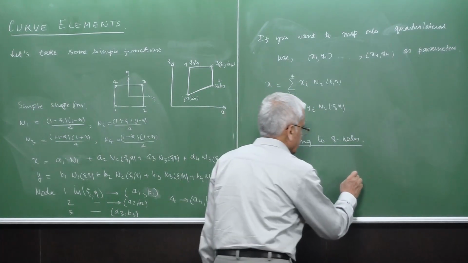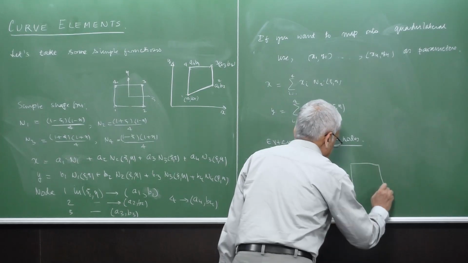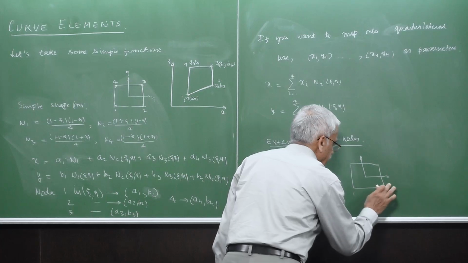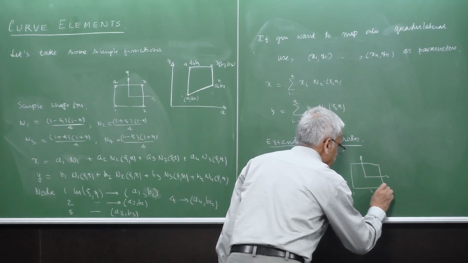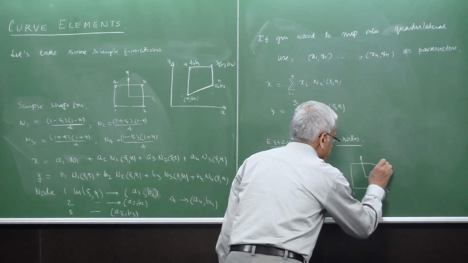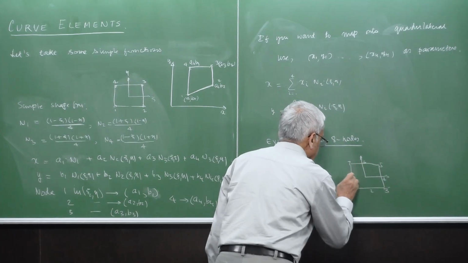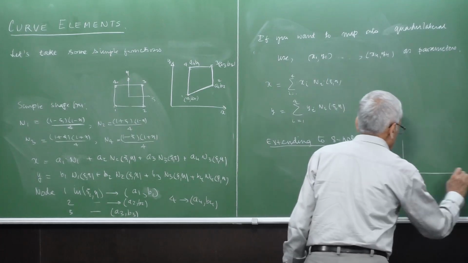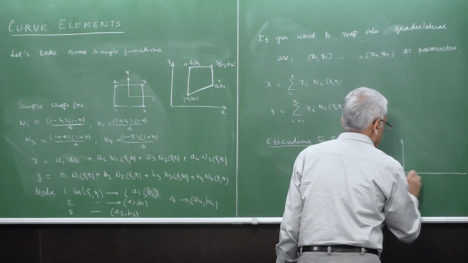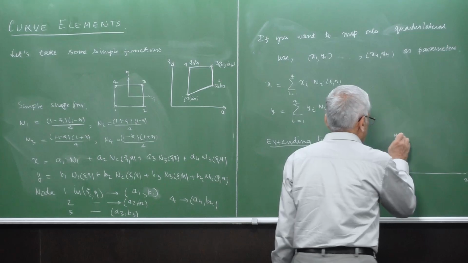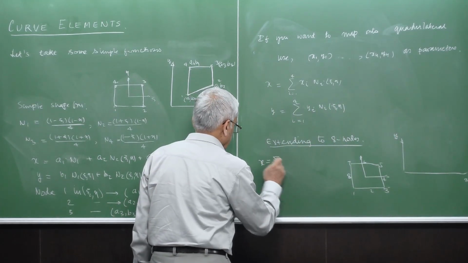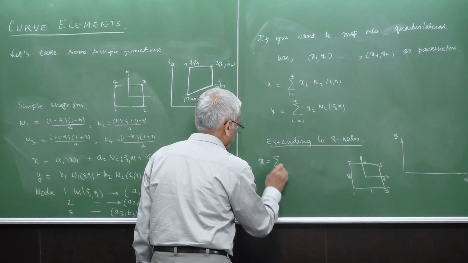Okay, so in xi eta, you have 8 nodes here. 1, 2, 3, 4, 5, 6, 7, 8. And so what will you get? So x is now 8 nodes, 1 to 8.